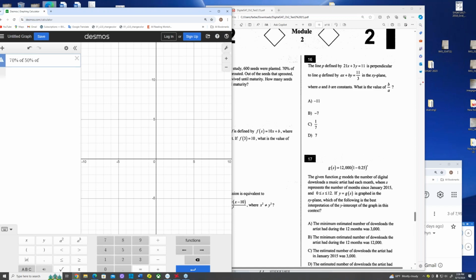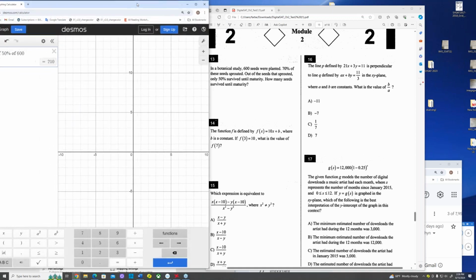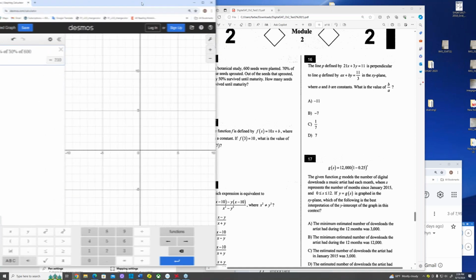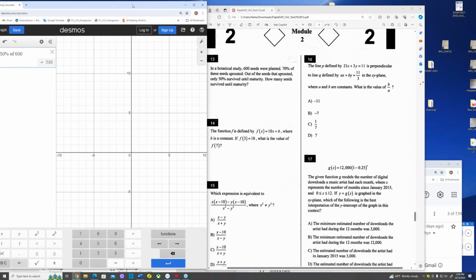Of what? Of 600. And here it is. You have this answer. So this feature for percentages saves you time. As a result, you have just a few seconds to do this. So far, so good.